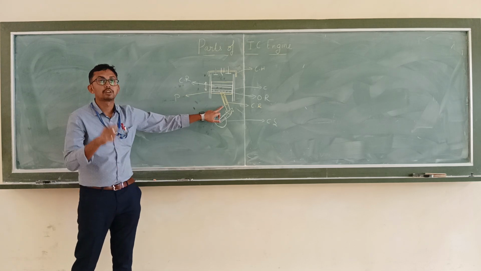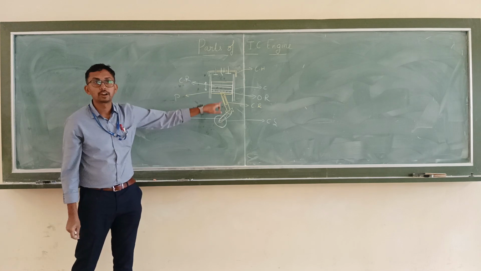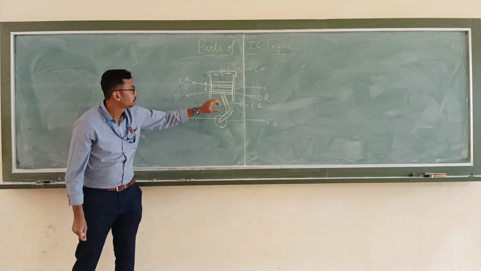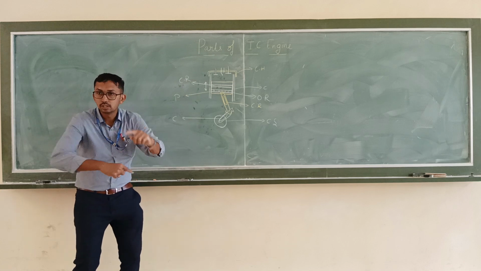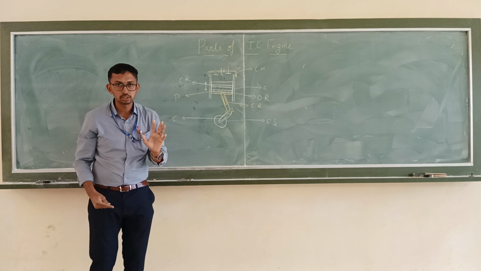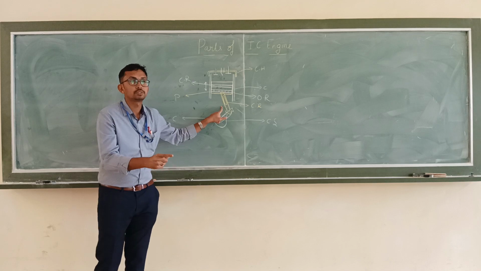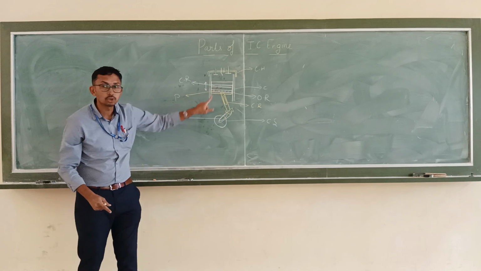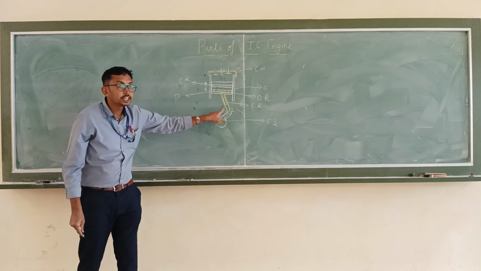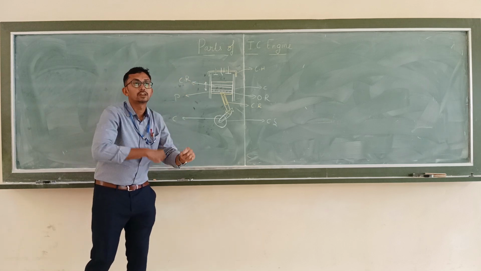So what is the function of the connecting rod? The main function is to transmit the power from the piston to the crankshaft, and to convert the reciprocating motion to circular motion. These are the two main functions. First, it transmits the power from the piston to the crankshaft. Second, it converts the reciprocating motion of the piston to circular motion.